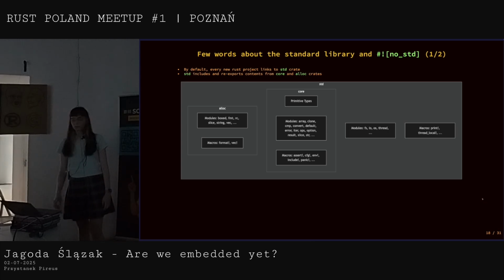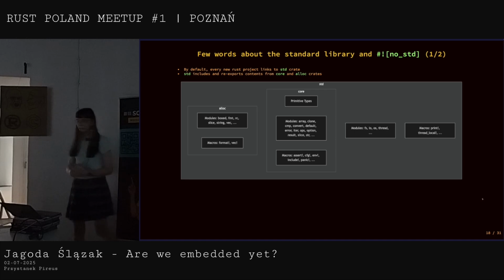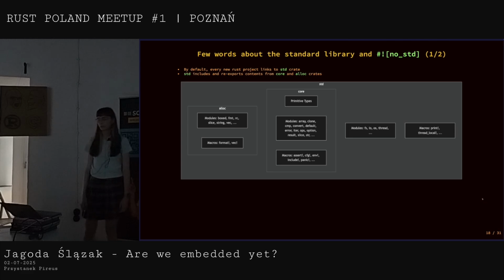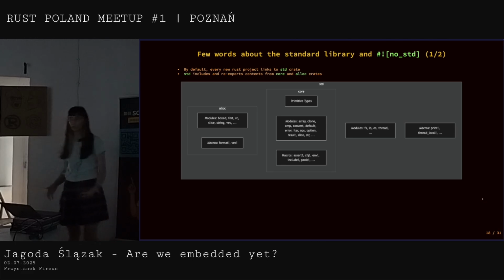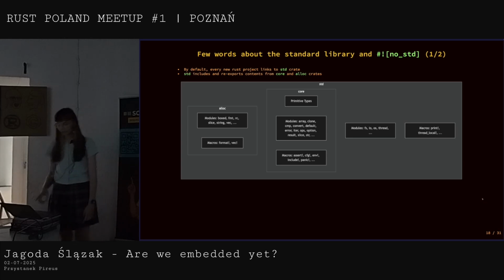And the alloc crate, on the other hand, adds dynamic allocation related traits and implementations, for example pointer types or collections like vector or string, because these only work if we have a heap. I will get back to that later.